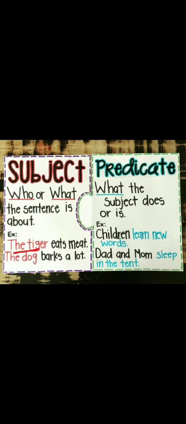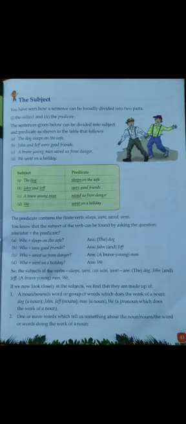And what does the tiger do? Eats meat. So eats meat will become your predicate. In a sentence, if it has the subject and the predicate, then only we say that the sentence is a complete sentence. Here the subject changes. It can be anything.